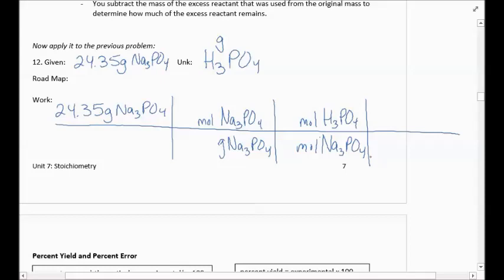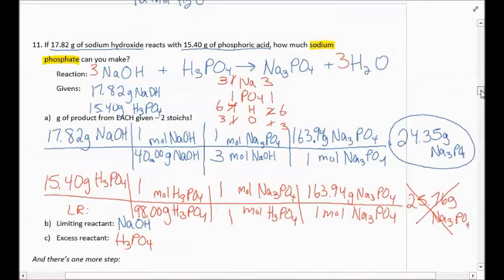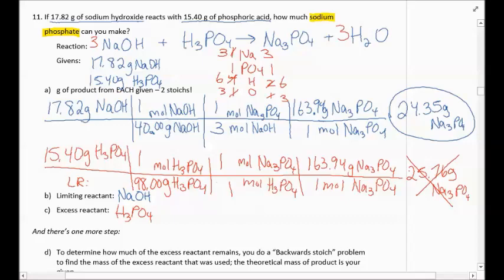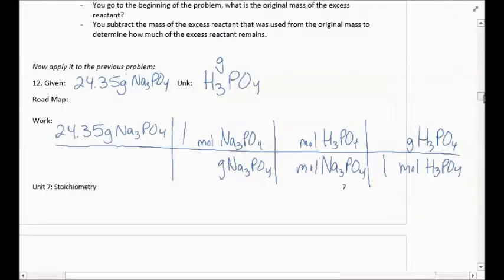And then we want grams of phosphoric acid, so moles of phosphoric acid on the bottom, grams of phosphoric acid on the top. So we can fill in based off of our previous information. It's a 1-to-1 ratio.